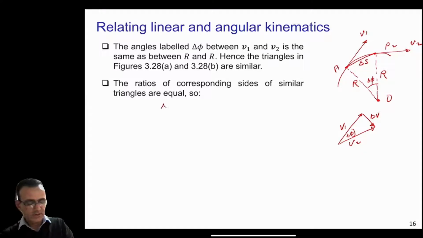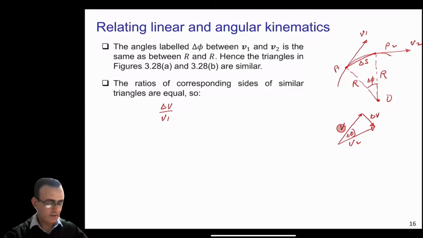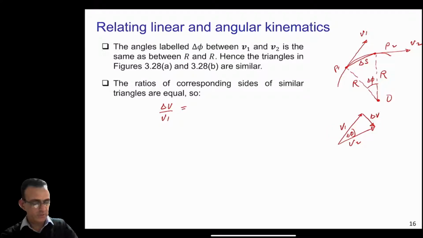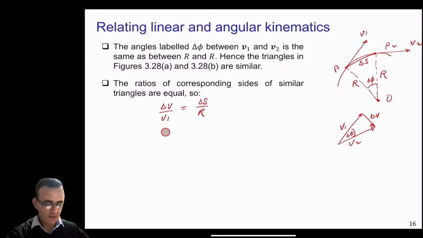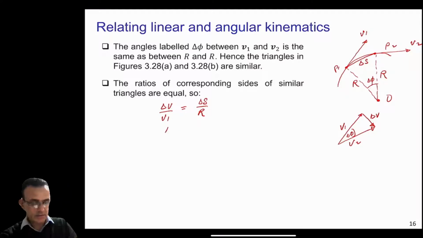If the triangles are similar, then the ratios of corresponding sides are also equal. So delta v divided by v1 should be equal to, if you take this triangle here, delta s divided by r. Now you can write delta v equal to v1 divided by r times delta s.